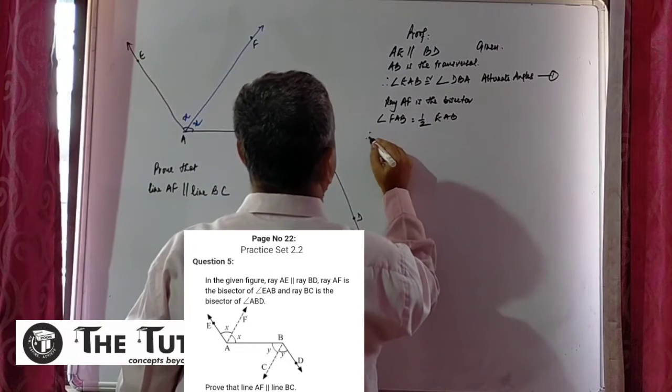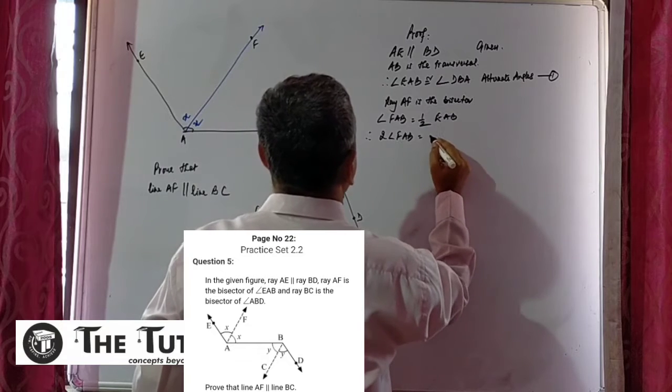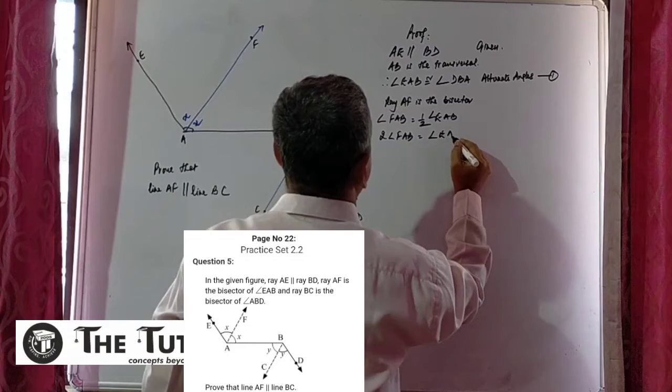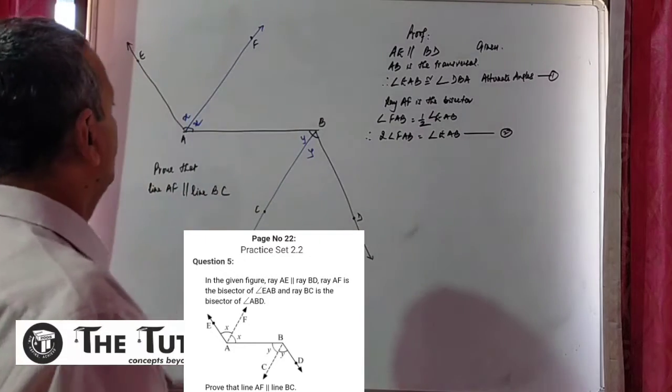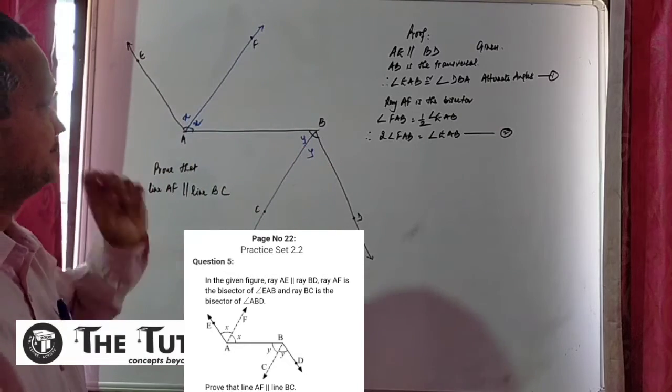Okay. Therefore, 2 angle FAB is equal to angle EAB. Let this be 2. 2 angle FAB is equal to angle EAB.